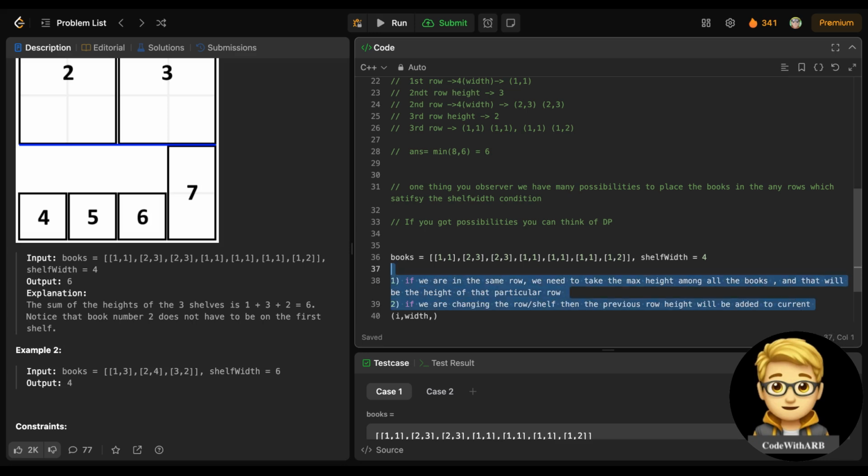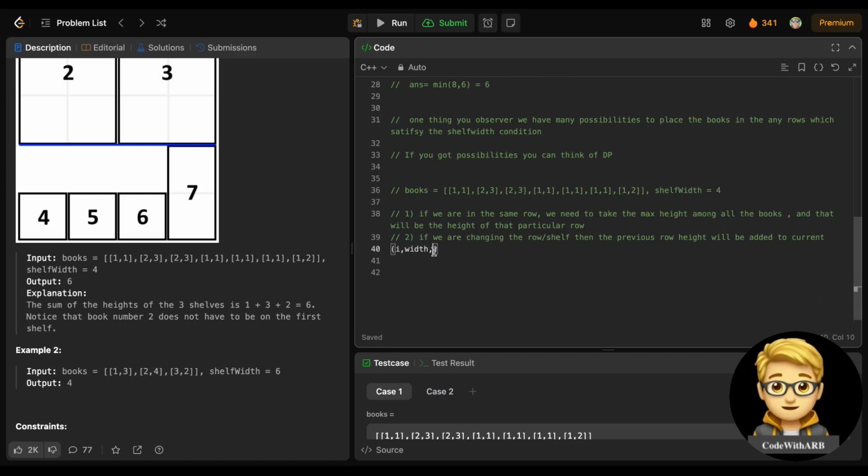Now the question is over how? You keep track of i, you keep track of width, and you keep track of height. This is the maximum height, the height for the current row, and if you are changing the row, this height will be added to the current row. So let's see how this will form.